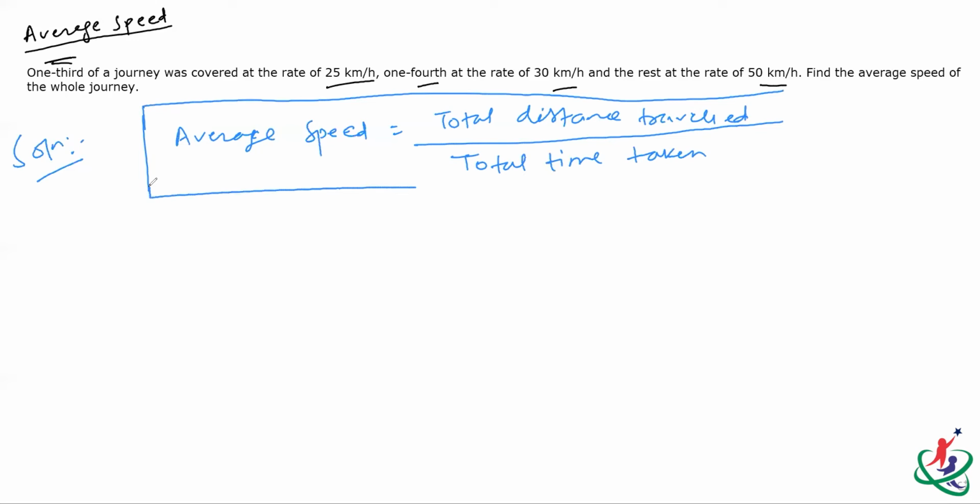There are many cases, like when the distance is constant, that I've explicitly explained in our concept videos, and have taken multiple cases as examples. Here we are just going to solve this question applying this formula.